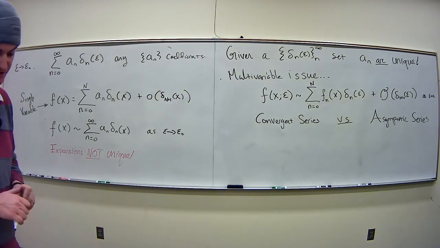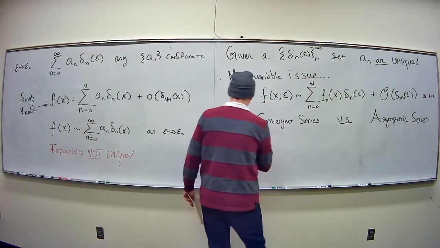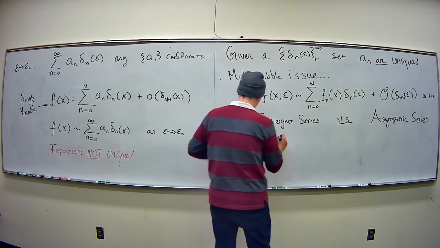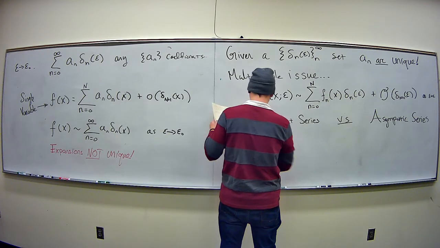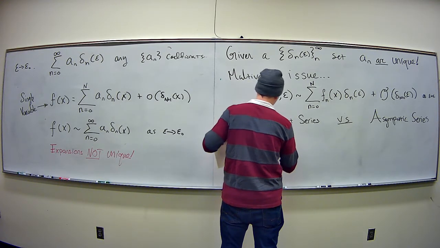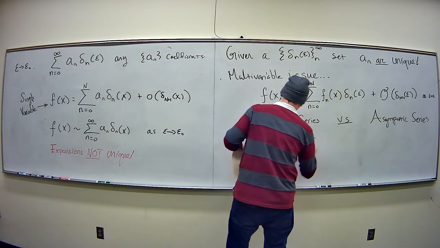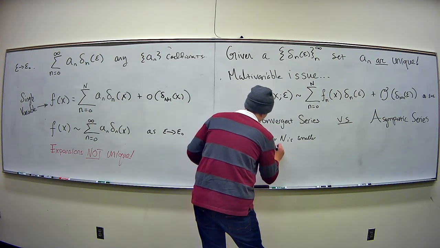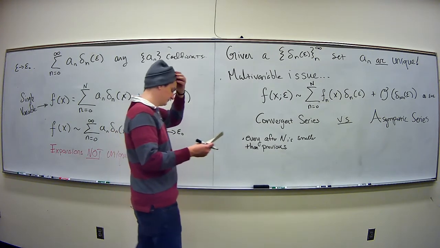So that's one definition of them. One way to think of this is that every term after n is smaller than the previous.